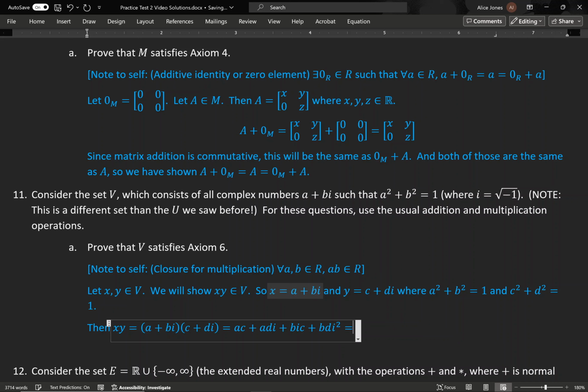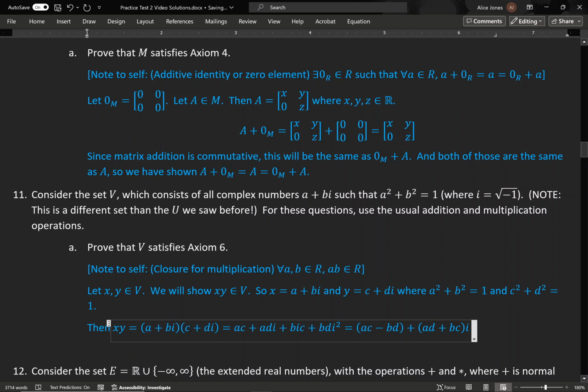Then when you're simplifying this, you want to group the real parts together and the imaginary parts together. So ac is real, but bd i squared is also real because i squared is -1, so you replace that with -1. The real part is going to be ac minus bd, and then the imaginary coefficient is going to be ad plus bc.